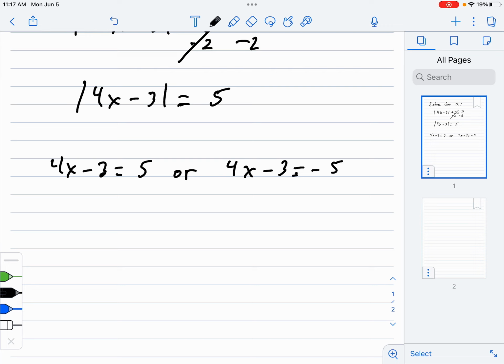So anyway, that's what we'll do. We'll take the absolute value of 4x minus 3 equals 5, and we convert that into two equations. And as you can see, the absolute value bars are gone. We don't need them anymore. And we're going to solve.